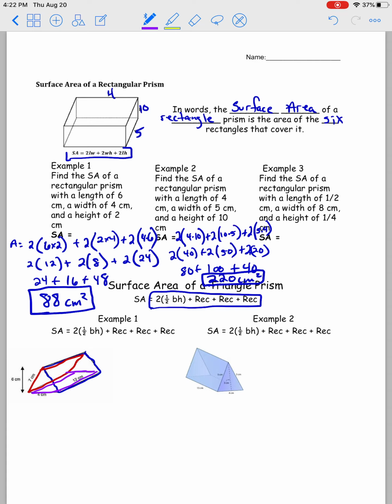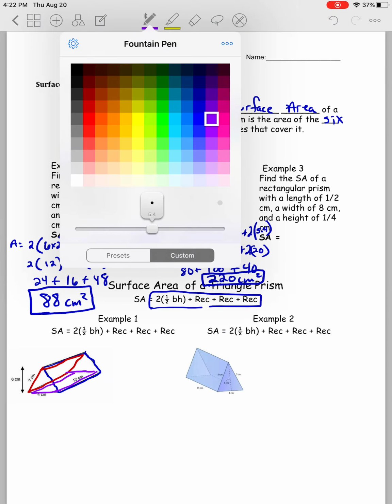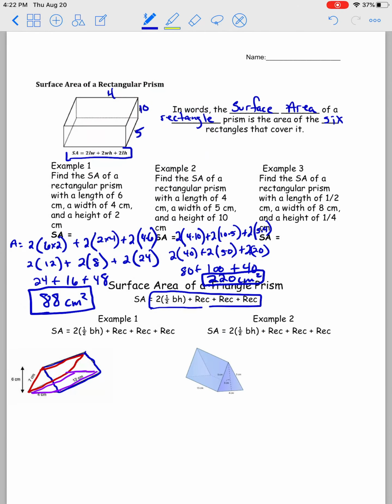There's 3 of them, okay? What we need to do is find, that's where your rectangle, rectangle, rectangle comes into play. So, what you have to do is find the area for both of the triangles, find the area for each rectangle, and add them up.